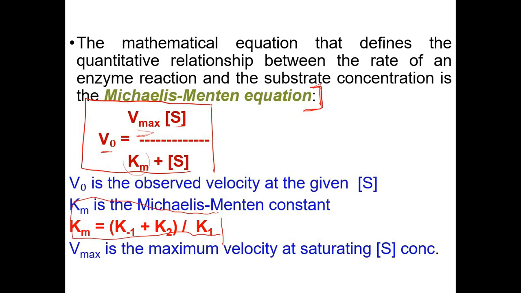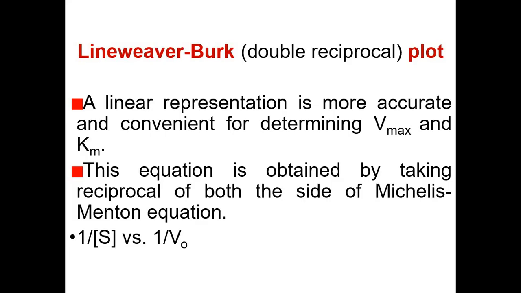So instead of using this equation, they provided an easier equation. This is just a linear representation so that it's more accurate and more convenient to determine the Vmax and the Km.